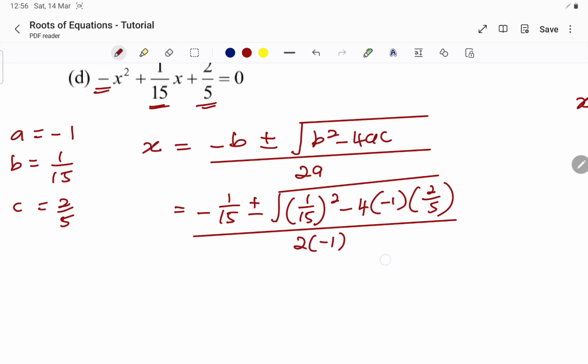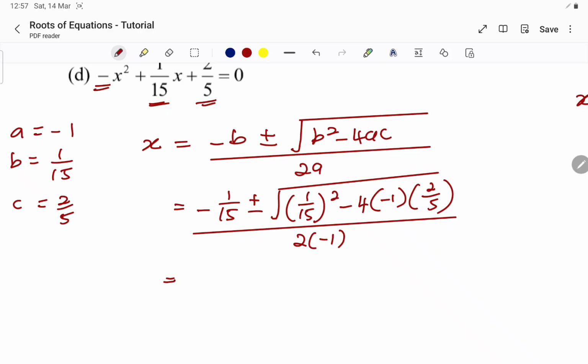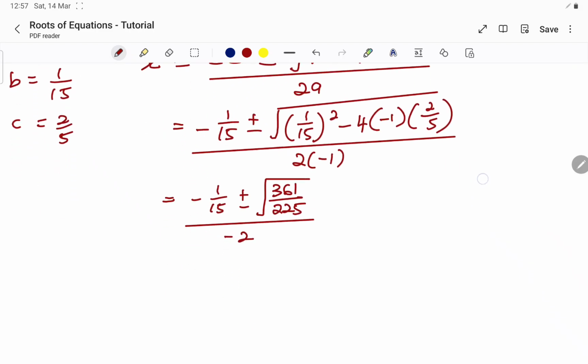Now you can first calculate the part inside the square root. You will get plus minus the square root of 361 over 225, then divided by -2, because 2 multiplied by -1.